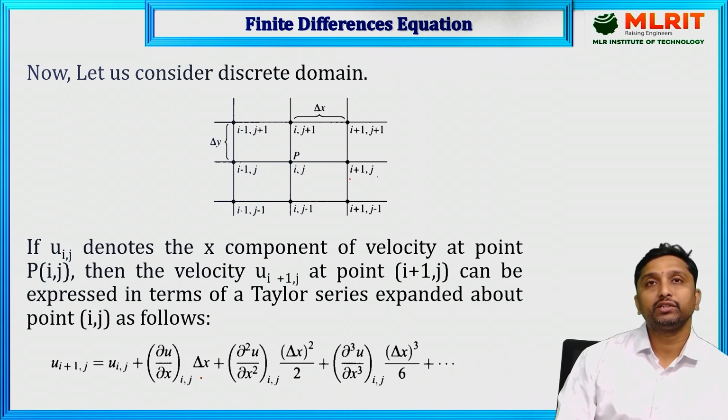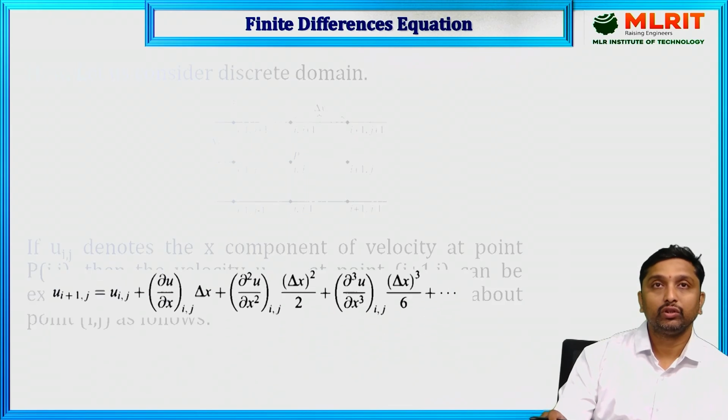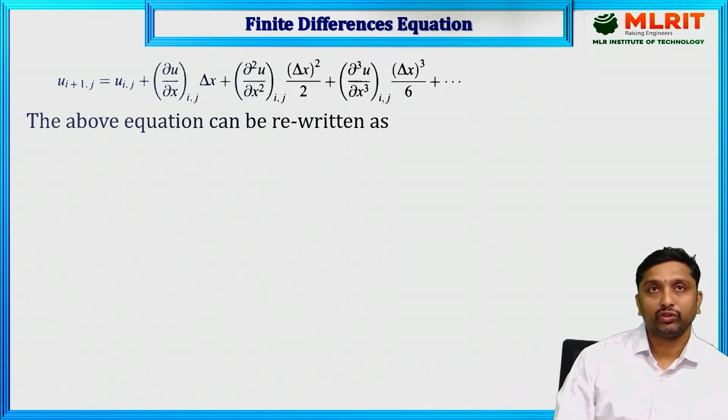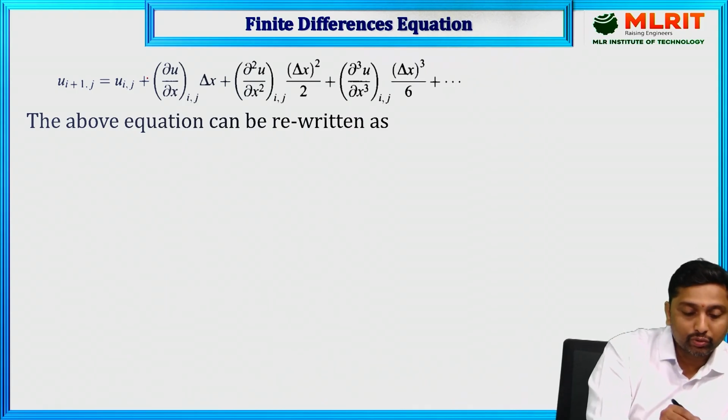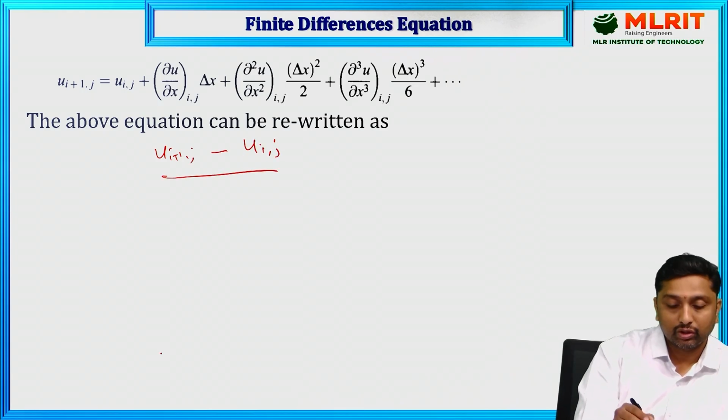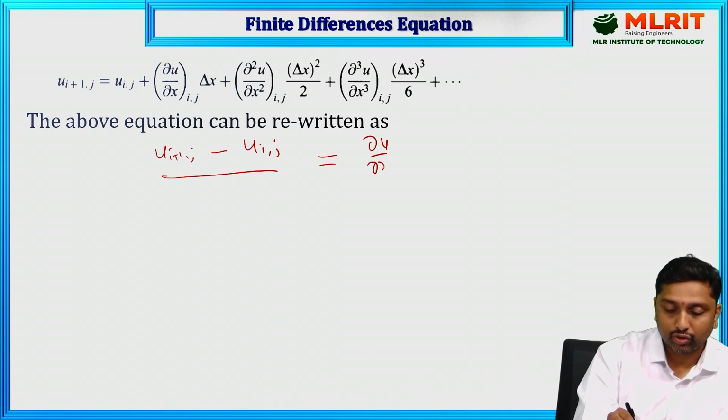By applying Taylor series, we end up with this kind of equation for the velocity at point I plus 1 comma j. If you rearrange these terms, u I plus 1 comma j minus u I comma j, written on the left-hand side, equals dou u by dou x into delta x and the remaining terms.